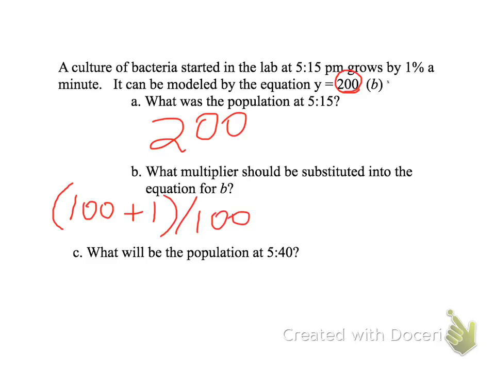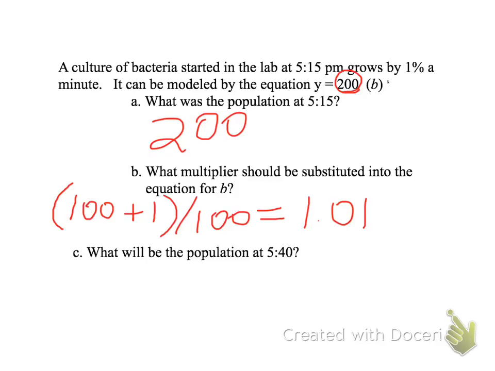If you do that in your calculator, it will turn it into the decimal for you. So remember that. Just add to 100 in parentheses, then divide by 100. That gives you 1.01 as your multiplier.